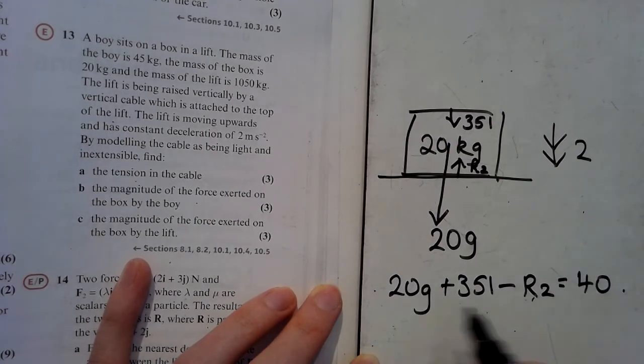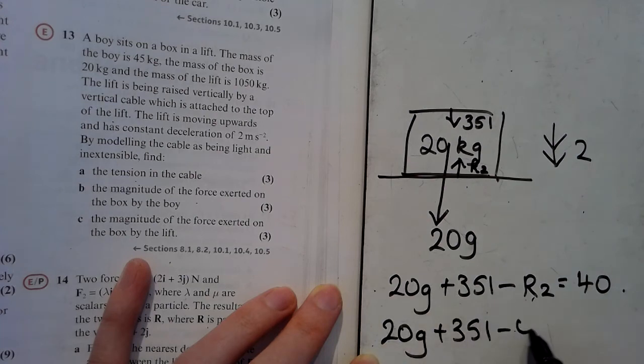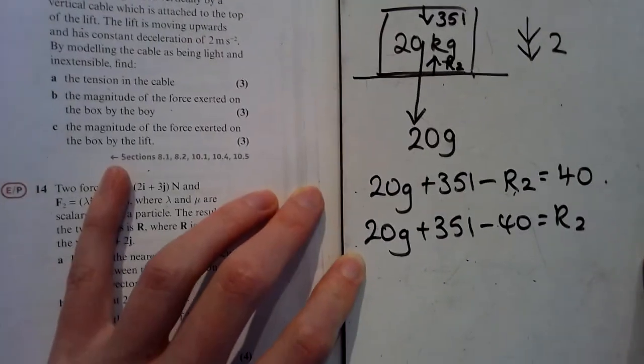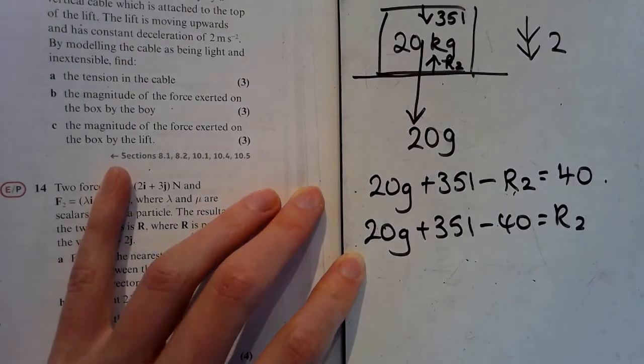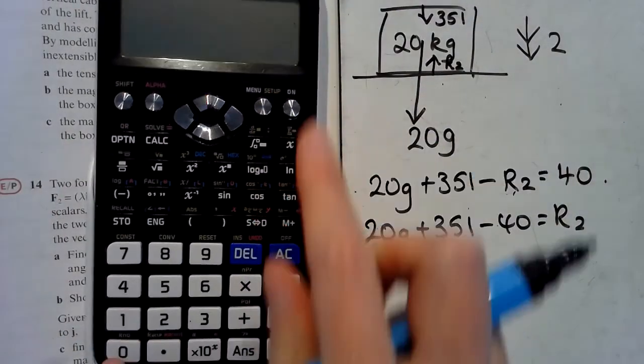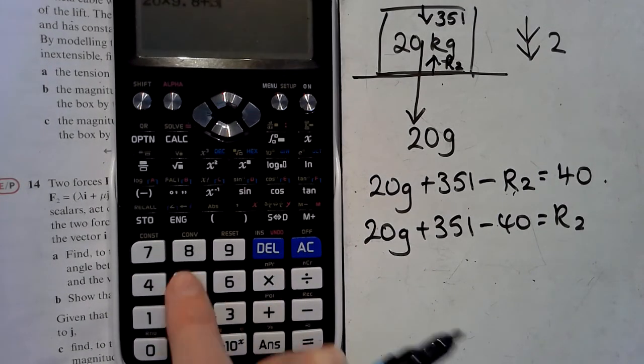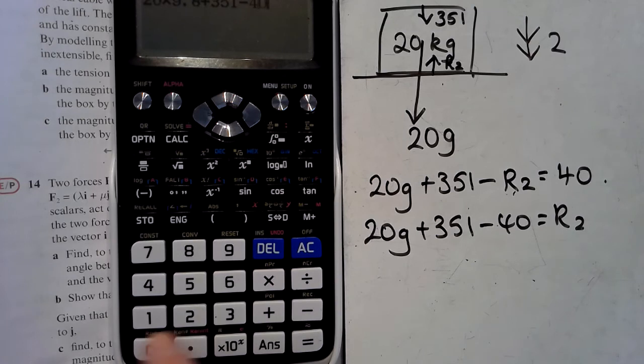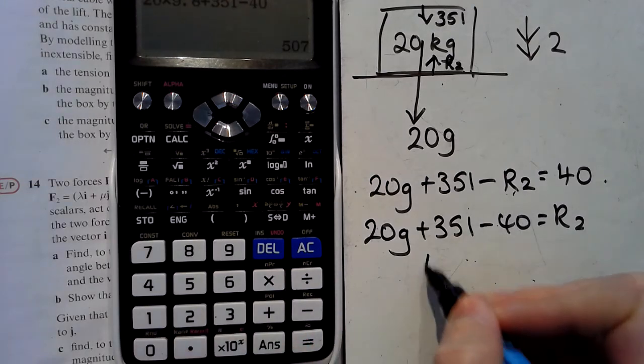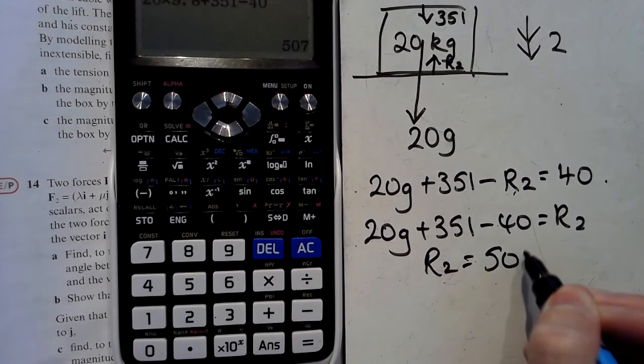So moving that over, moving that back, we've got 20g plus 351 minus 40 equals R2. And let's put that in the calculator. So R2 is 507 newtons.